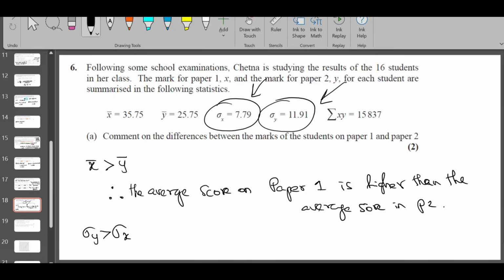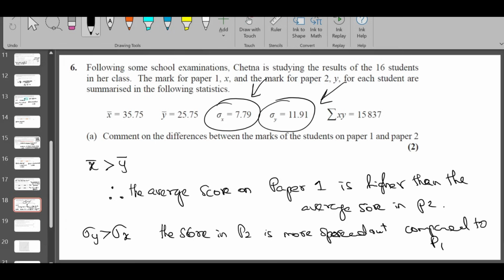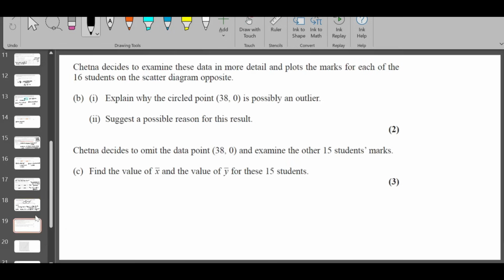So you can say the scores in paper 2 are more spread out compared to P1. Let's move on to the next part.